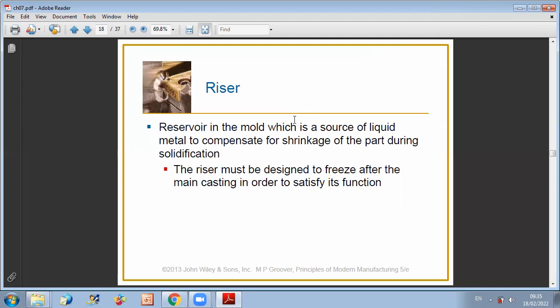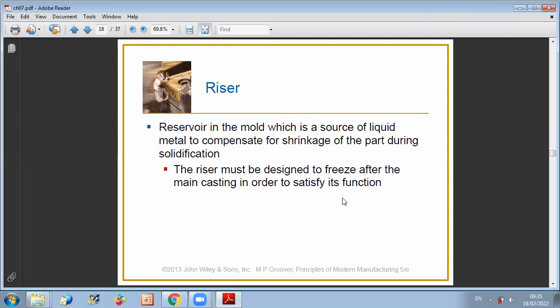To know how to do this, we should study the variation of the solidification time, and we'll see that it is related to the metal properties and also to the geometry. The riser will have the same metal as the one filling the cavity, but the difference is that we can play with the geometry of the riser to increase the solidification time of the molten metal in the riser compared to the casting.